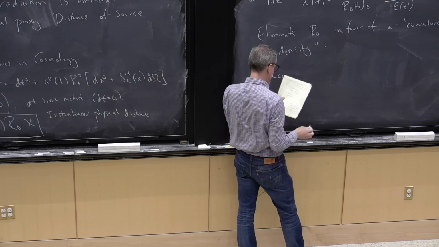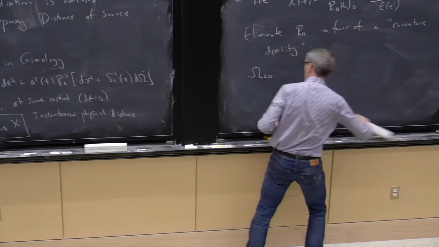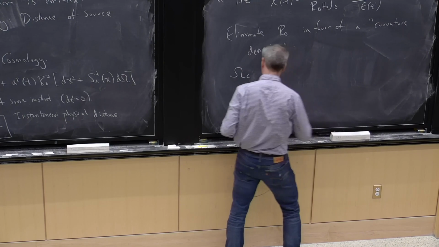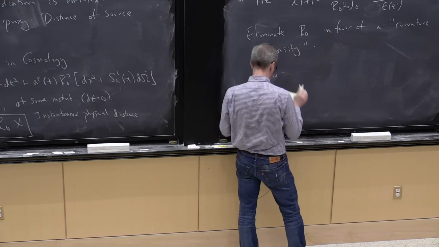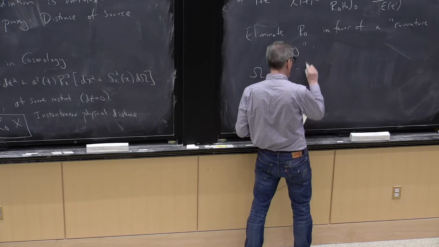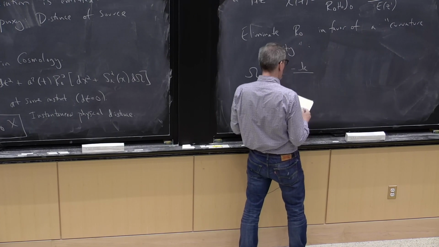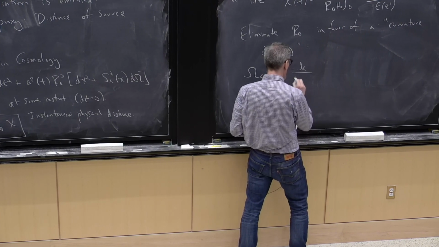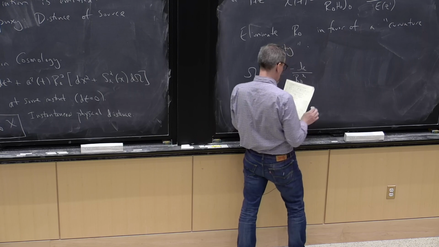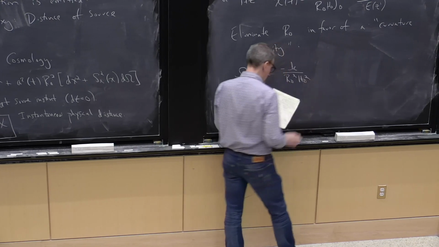So using the fact that omega curvature, go back to how this was originally defined. It was negative kappa over H0 squared. And that's negative k over R0 squared H0 squared.